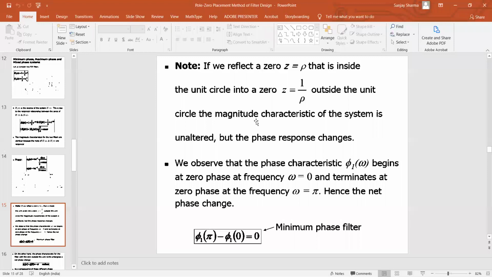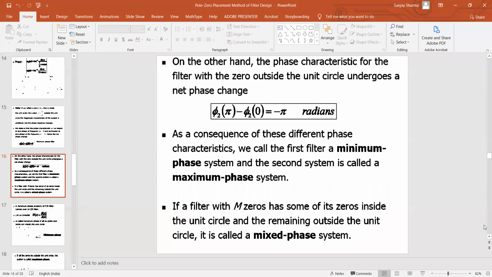But let us look at the other case. When you reflect the zero and the zero goes outside the unit circle, what happens to the phase? On the other hand, the phase characteristic for the filter with zero outside the unit circle undergoes a net phase change, phi 2 of pi minus phi 2 of 0, equal to minus pi radians. So this is the maximum phase.